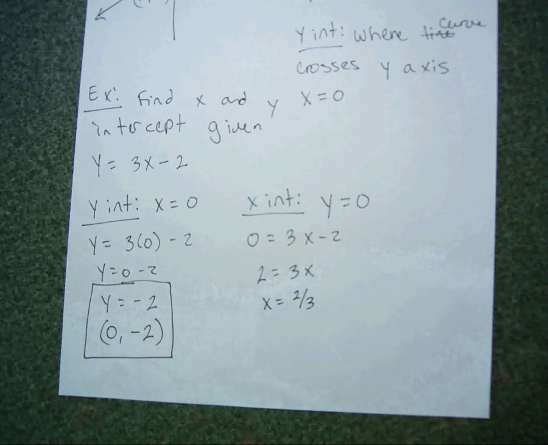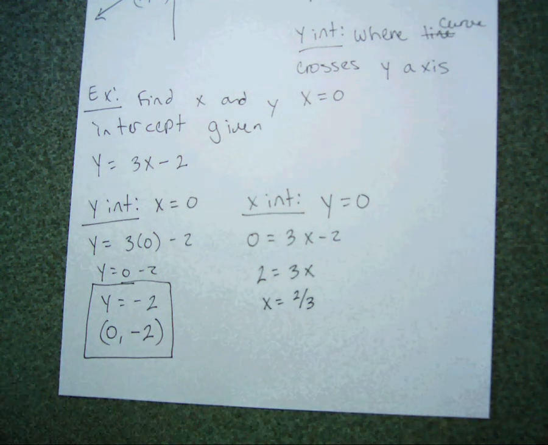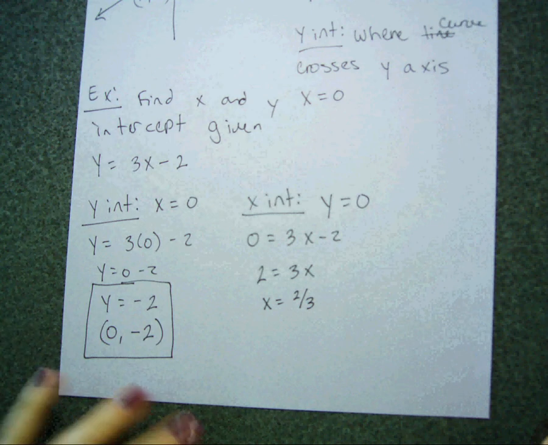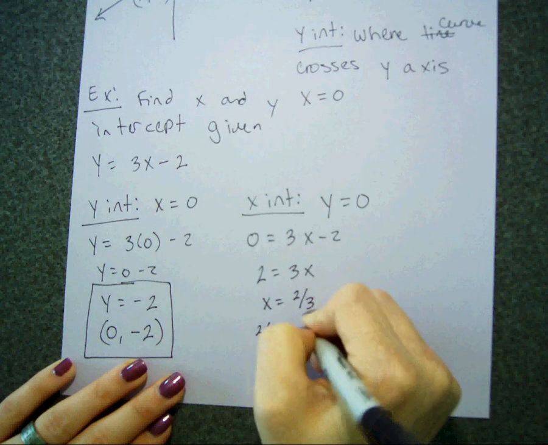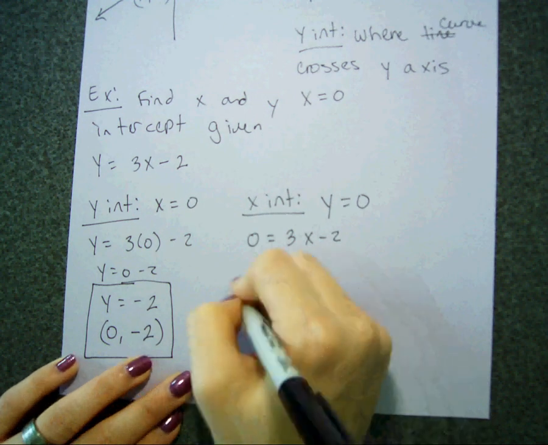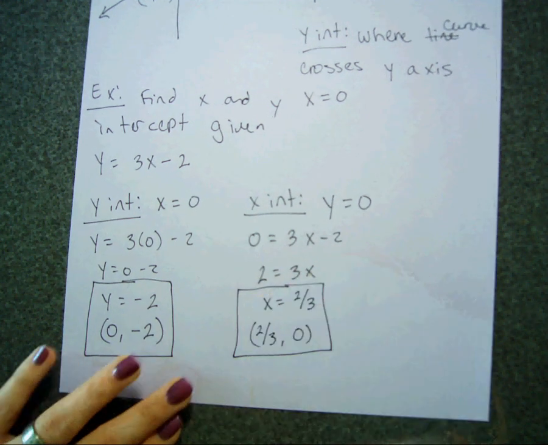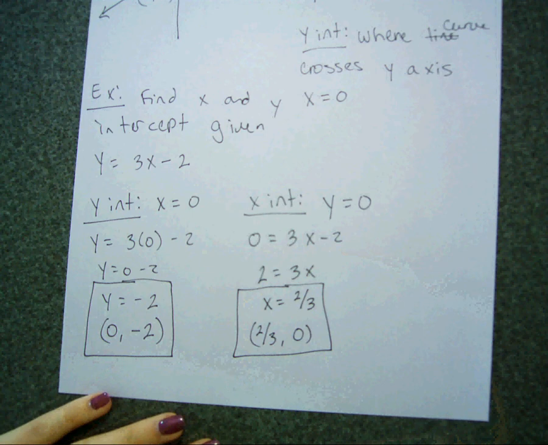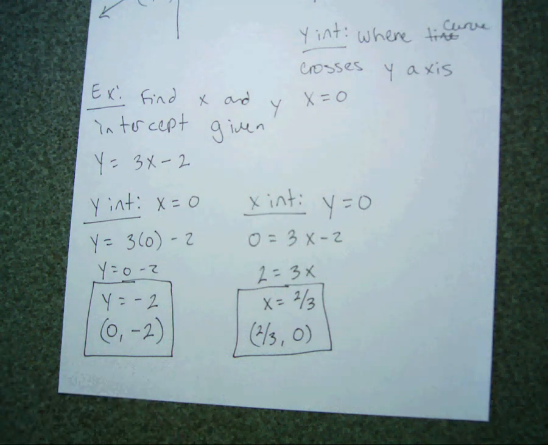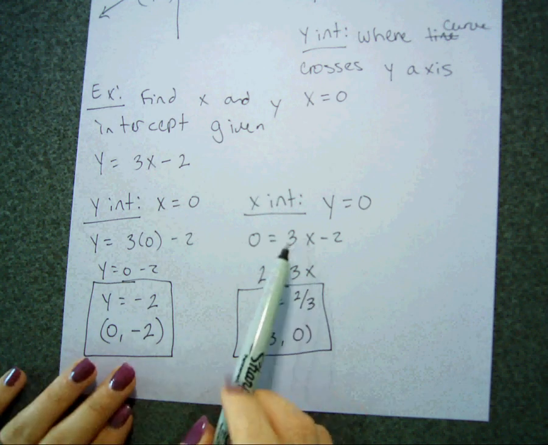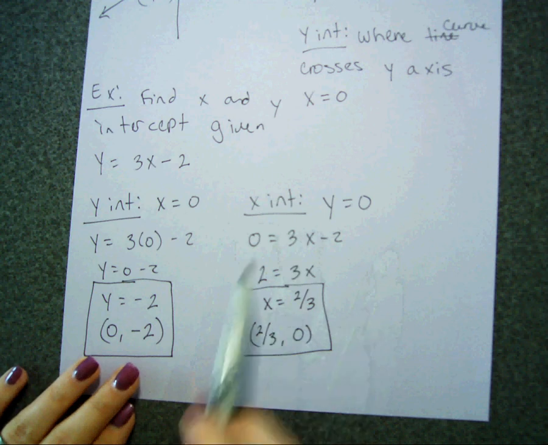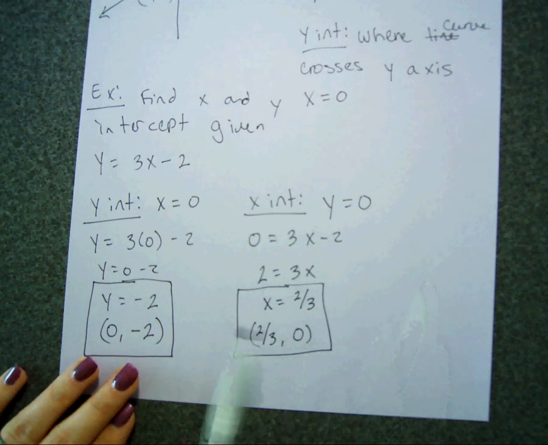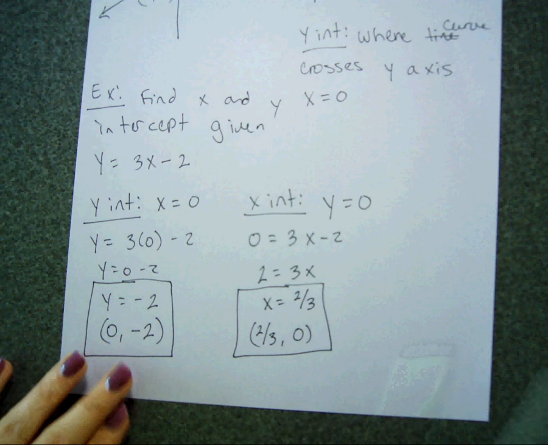So I know this line crosses the x-axis when x is equal to 2/3, and that ordered pair is (2/3, 0). Now the way we go about doing this means, depending on the type of function or equation I'm given, I'm going to have to use the equation solving skills that we have accumulated thus far.